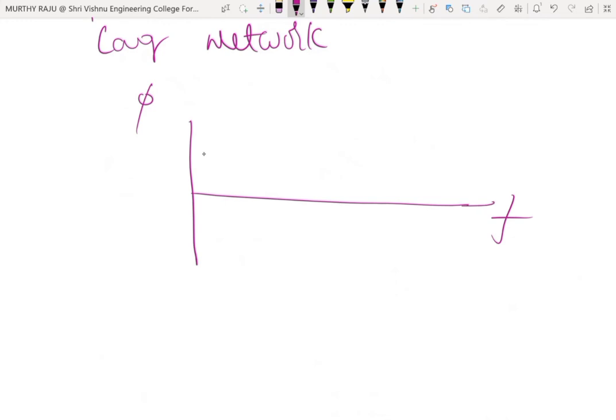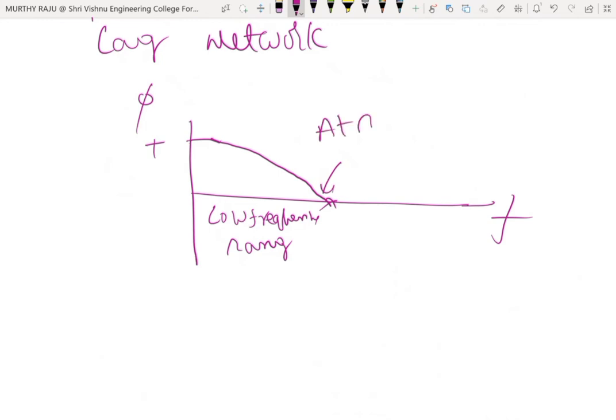At low frequencies, the phase shift is positive. This is the low frequency range. The phase shift is positive, that means advanced phase shift. The phase shift gradually decreases, and at a particular frequency, called the resonance frequency, the phase shift is 0.